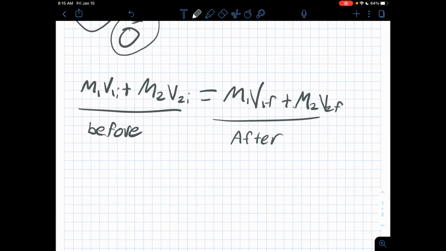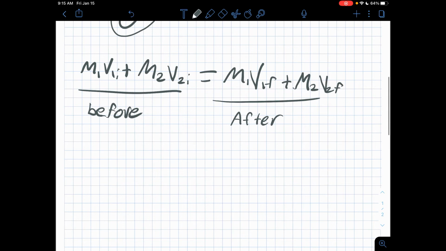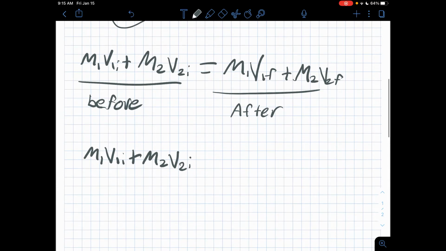And then for the inelastic formula, when the two objects combine together, you get something that looks like this. You have the mass of the first object and its initial velocity, plus the mass of the second object and its initial velocity.